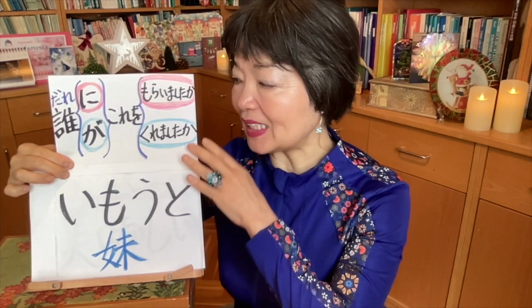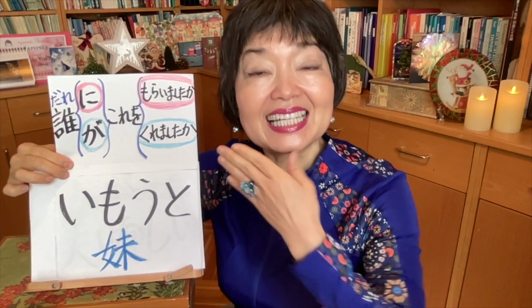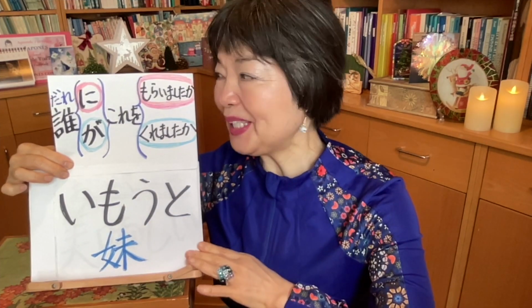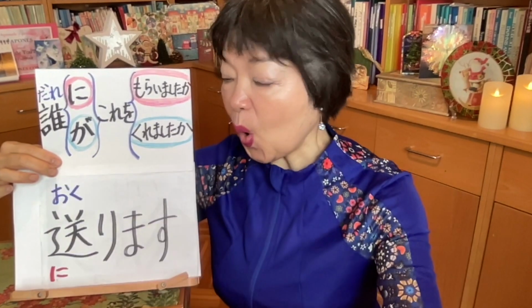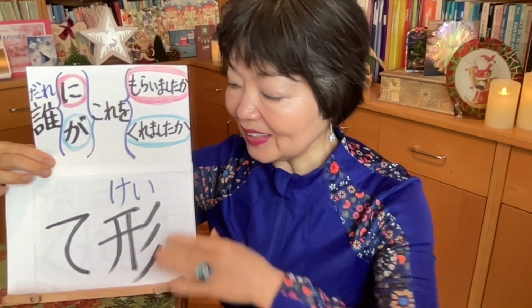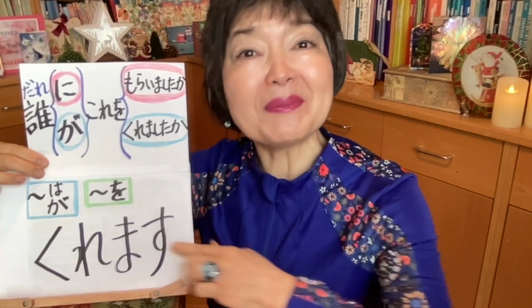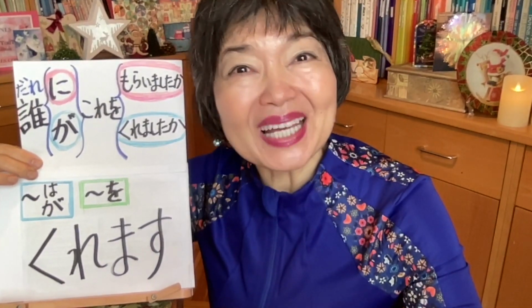Now I'm gonna use the sentence with くれます. In this case, very important: who sent me this nori? My little sister. My little sister sent me delicious nori. 妹が美味しい海苔を送ってくれました。So the meaning of the sentence is quite the same, and the deed is the same.